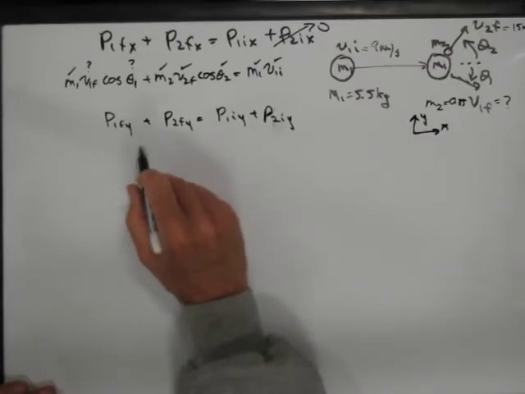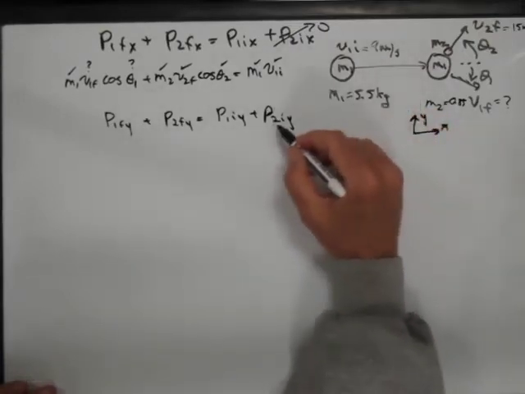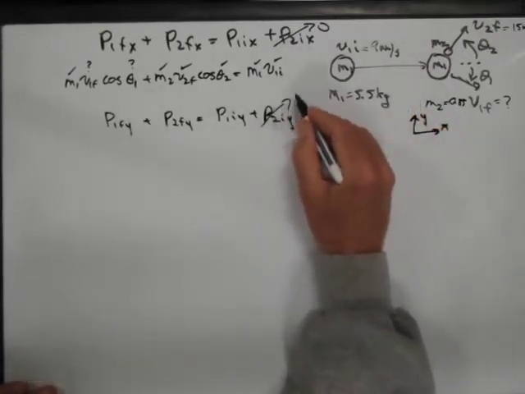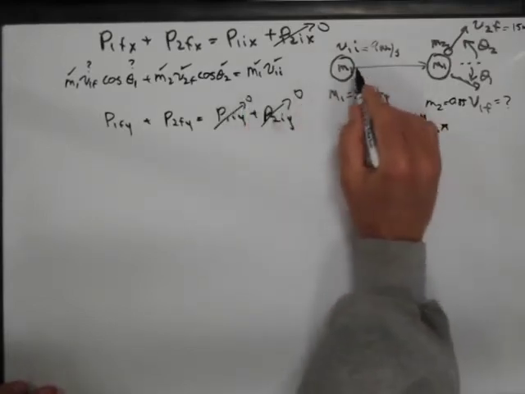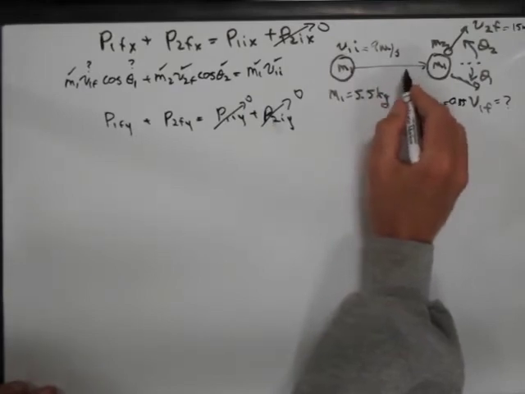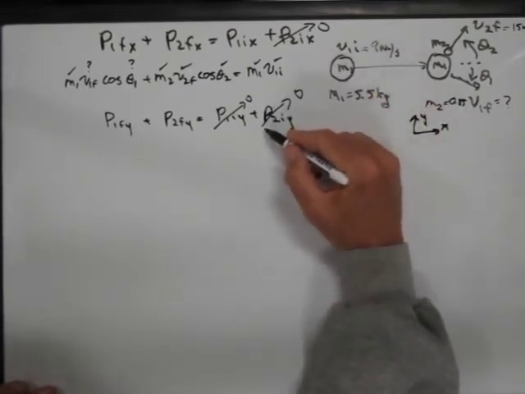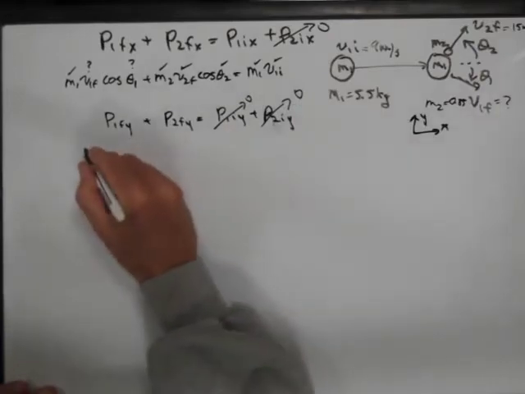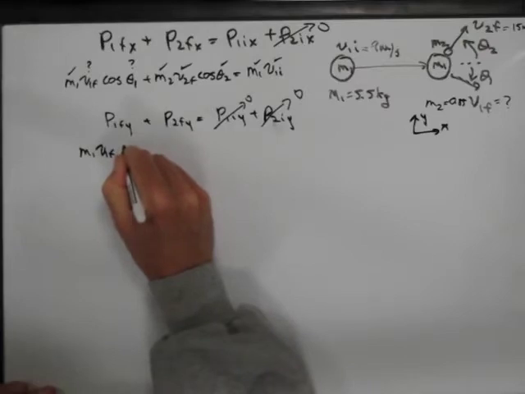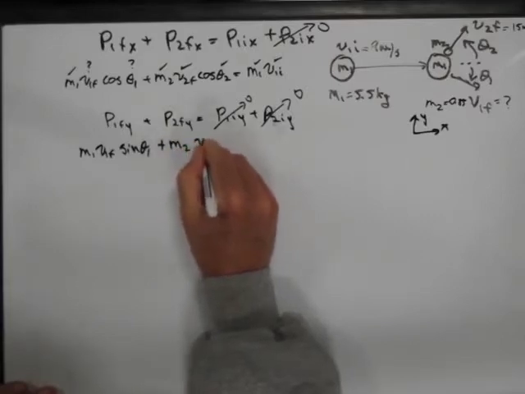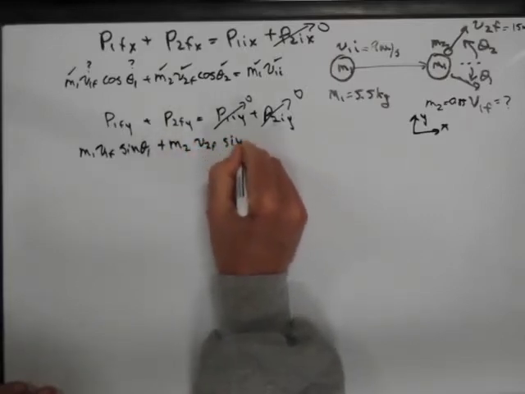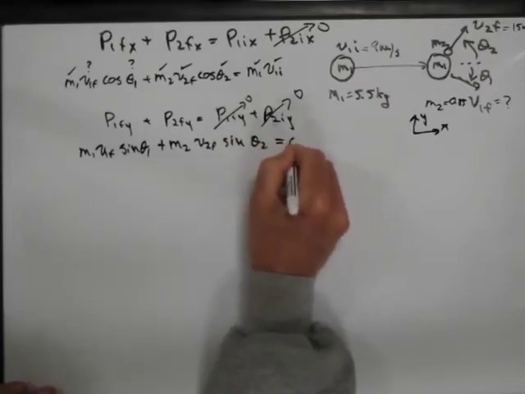And so we can notice, first of all, that the initial y velocity for this guy is 0, and the initial y velocity for this guy is 0, right? Object 1 is moving along the x-axis. That's how we chose our x-axis. And object 2 is stationary. And so this just gives m1 v1 final sine theta 1 plus m2 v2 final sine theta 2 is equal to 0.